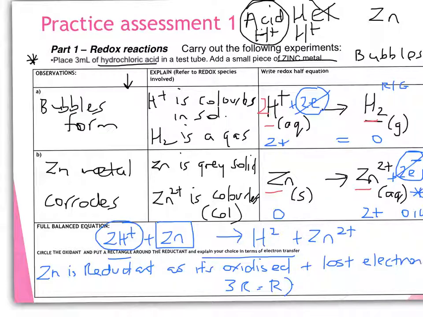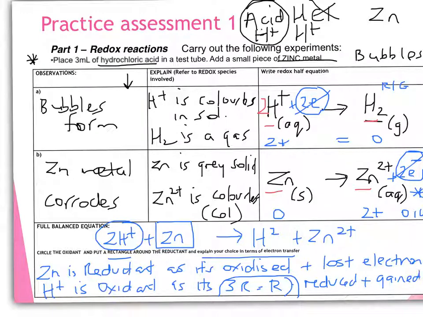Oxidation is loss. And then we're going to go, the H+ is oxidant as it's reduced and gained electrons. Okay, and that's all you have to do for each question.